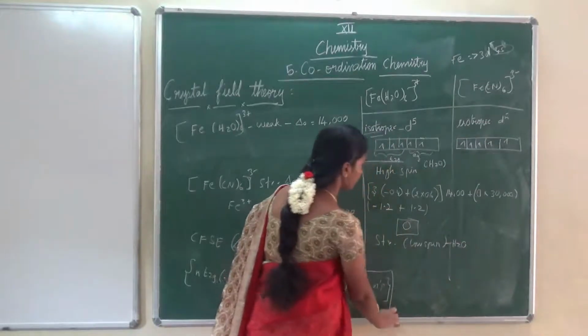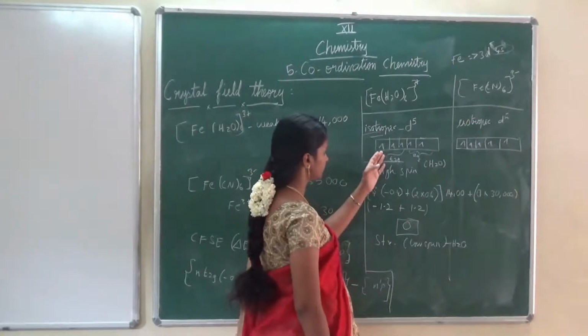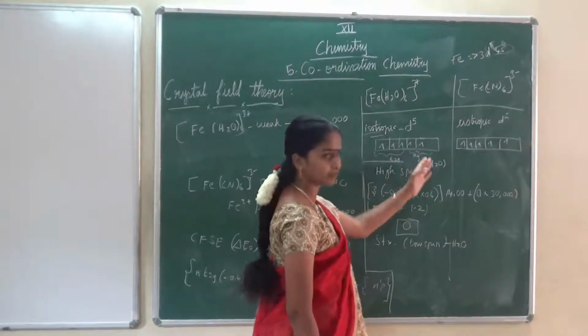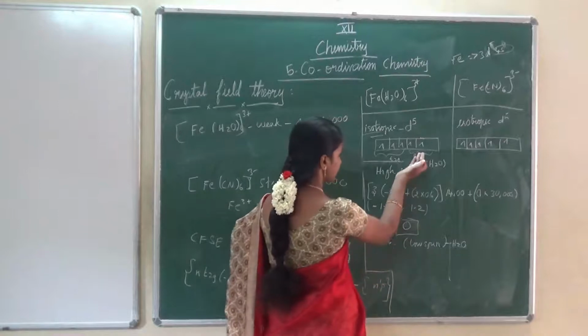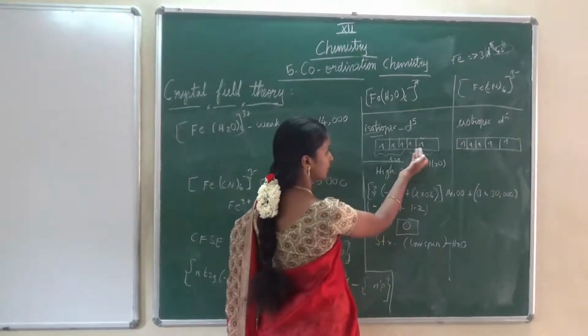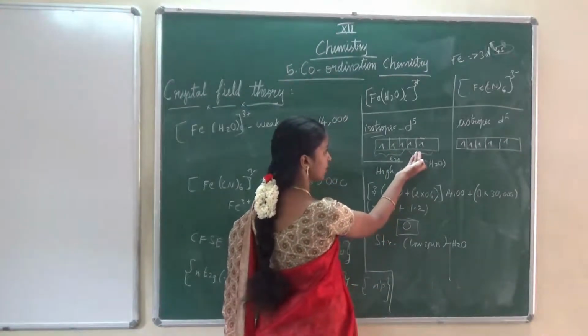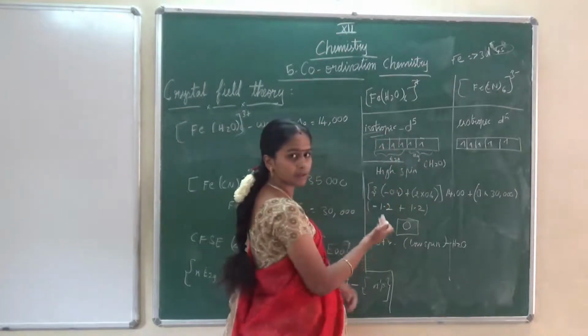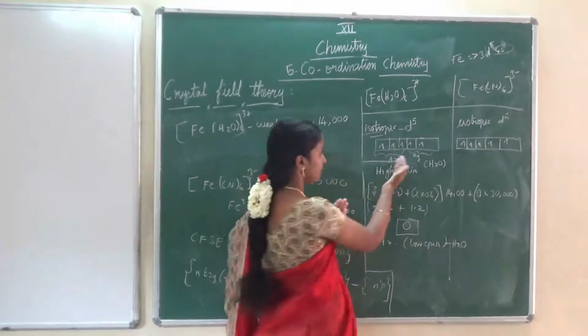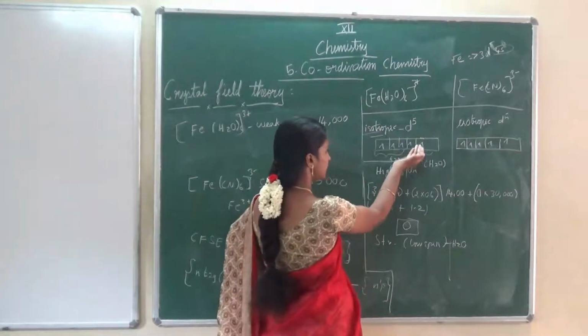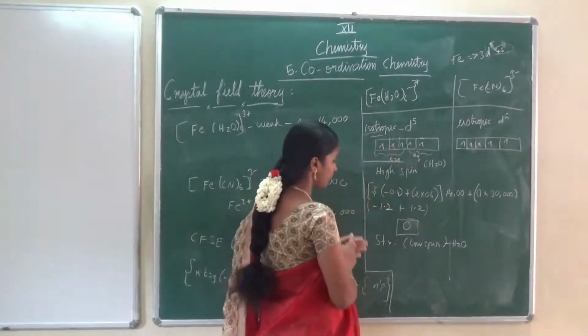So in the low spin complex, in the isotropic field as usual, all the 5 electrons will be present. If it is a stronger ligand, then the pairing will take place. The 2 electrons present in our EG orbitals will go and occupy the T2G orbitals.